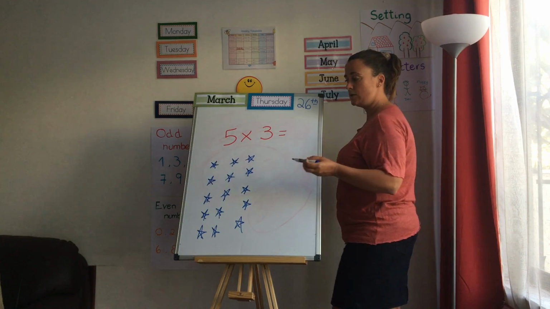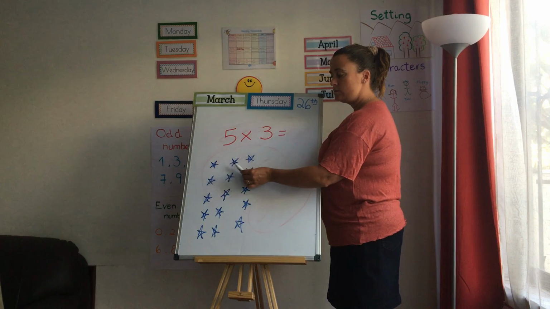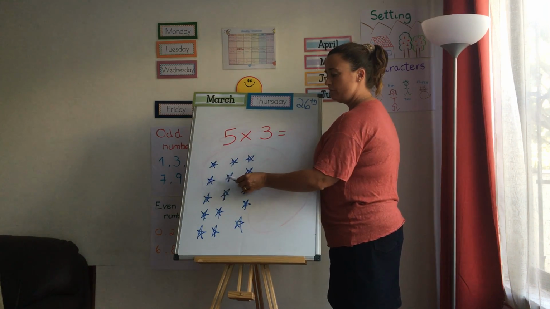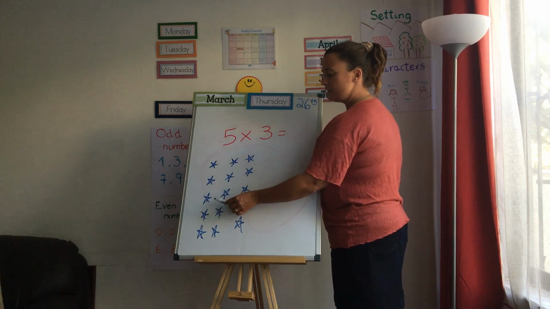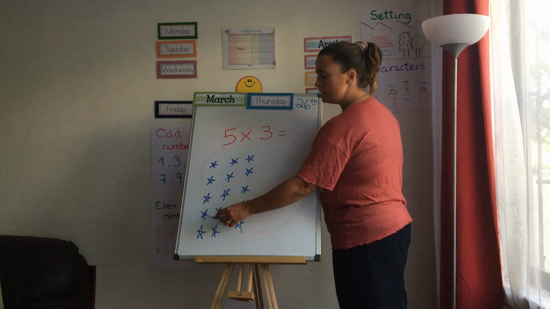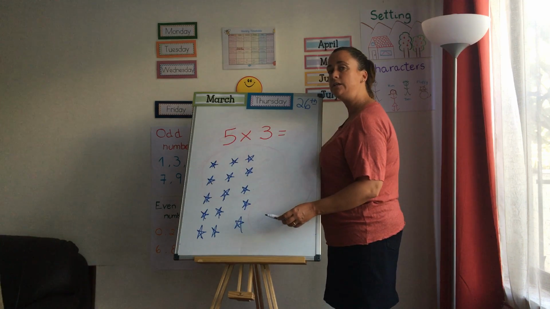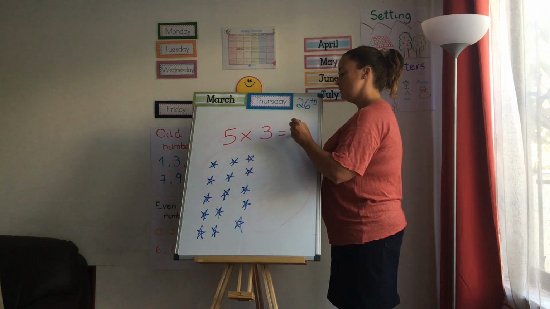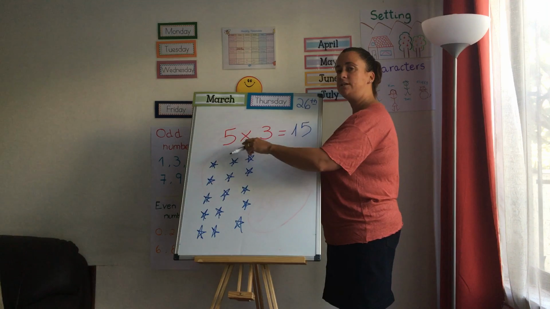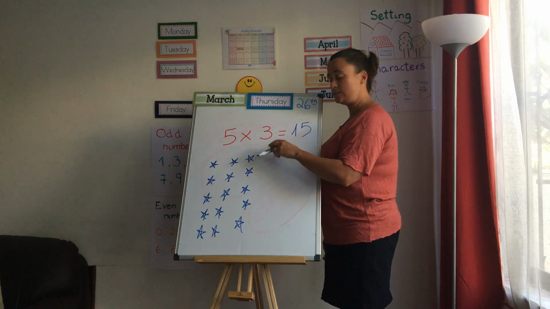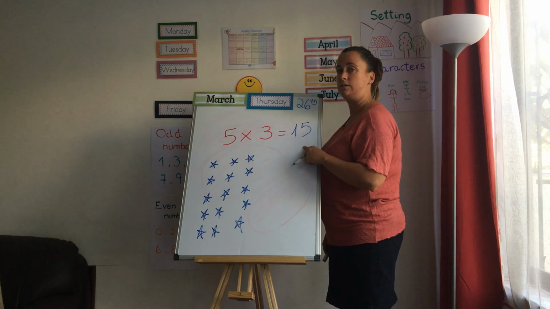Yeah? So, 1, 2, 3, 4, 5, 6, 7, 8, 9, 10, 11, 12, 13, 14, 15. So, 5 times 3 is 15.